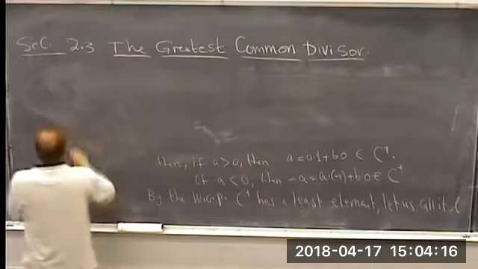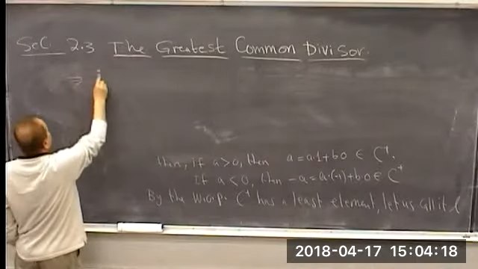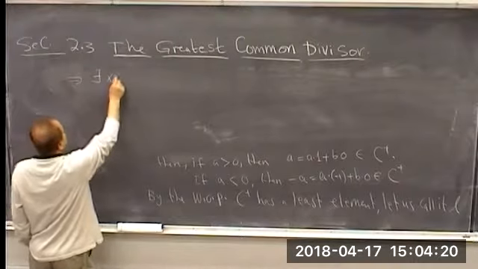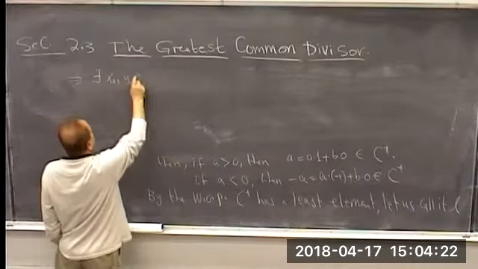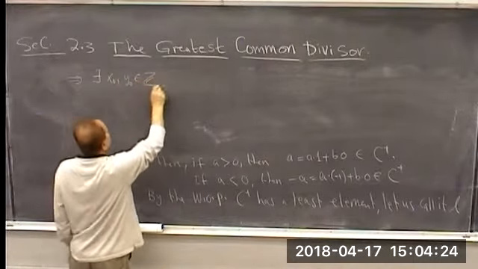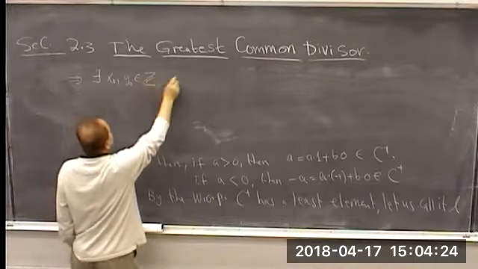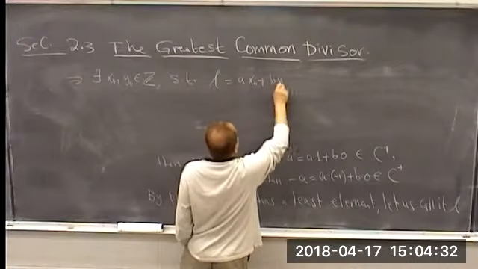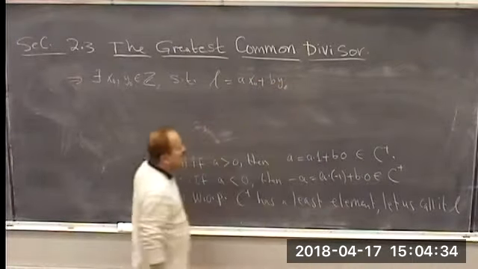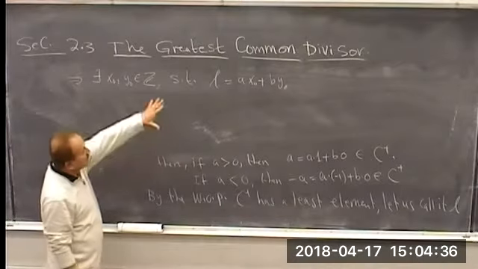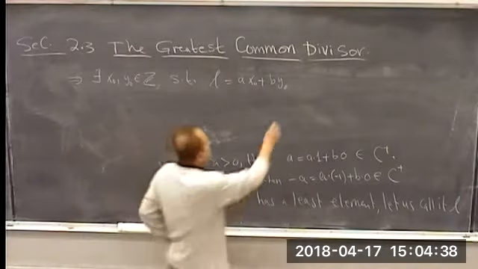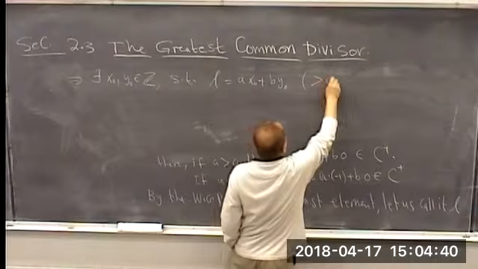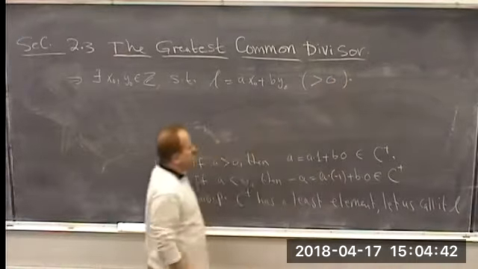This implies there exists an x sub 0, y sub 0 in Z such that L is equal to Ax sub 0 plus By sub 0. And we know by choice that this is bigger than 0.